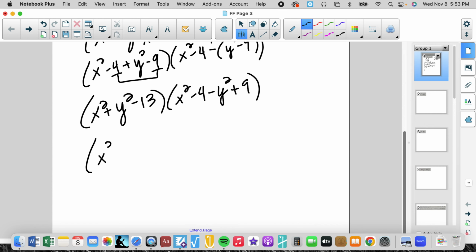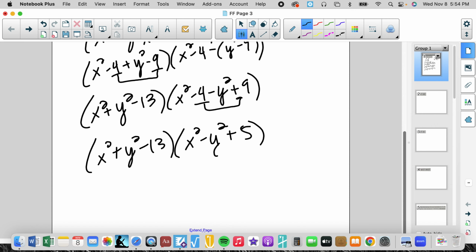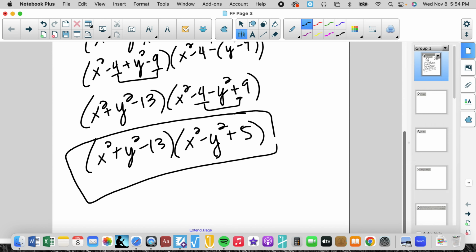So x squared plus y squared minus 13, and then x squared minus y squared, and these like terms make plus 5. So that should be my answer. Standard form, we're good. I like that one.